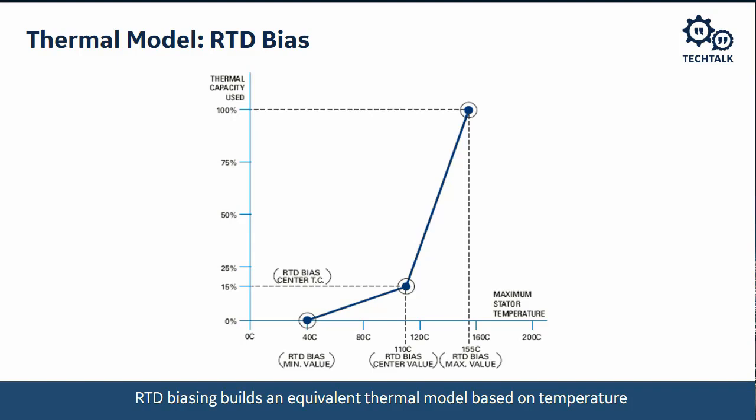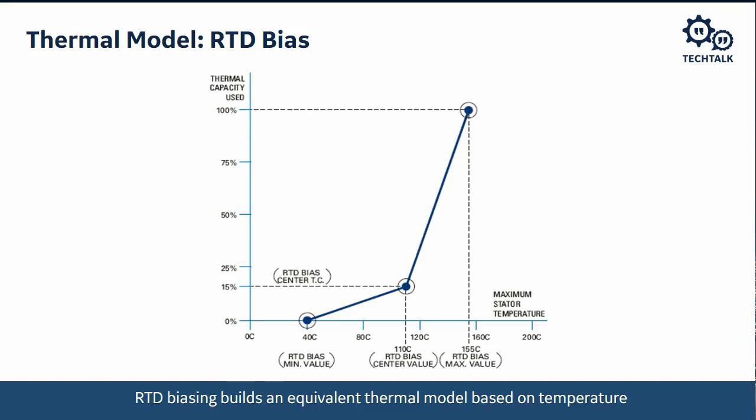So we can use this motor thermal model, and we can use the RTD biasing. And we should do that, absolutely. If we have RTDs embedded in our stator, and we don't have good data to set the motor thermal model with, we should absolutely use RTD thermal biasing.